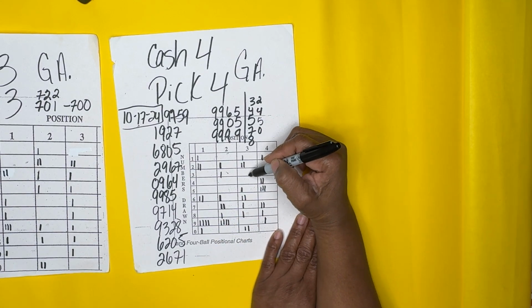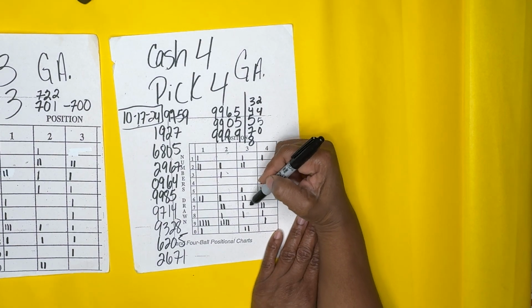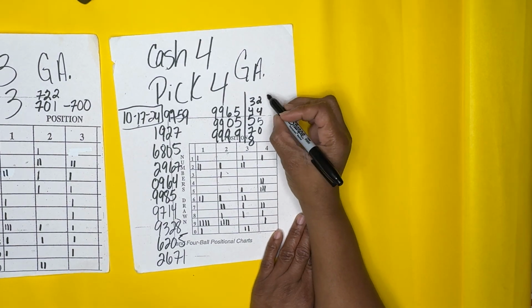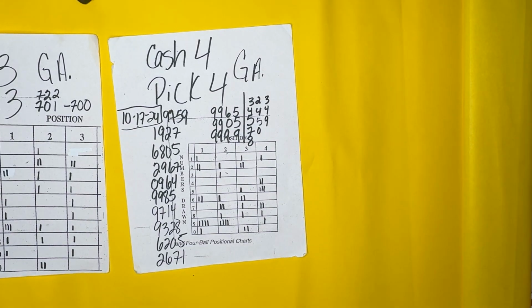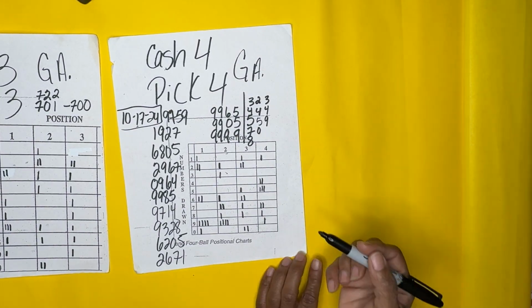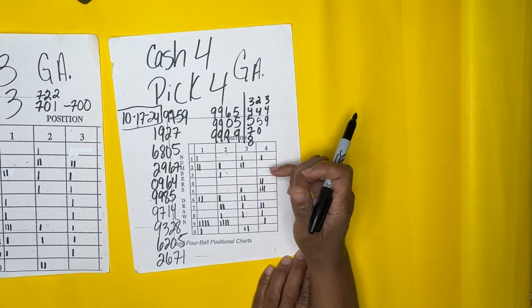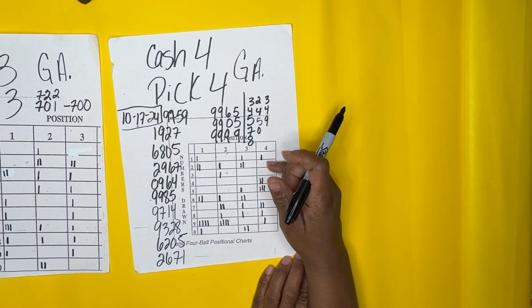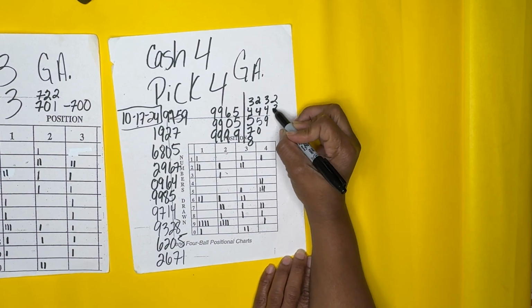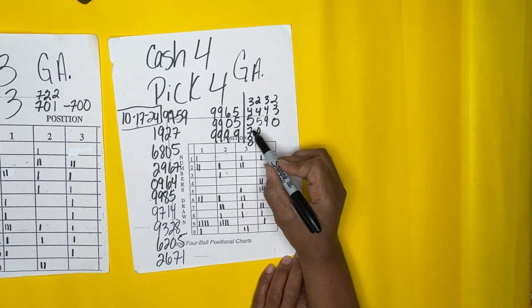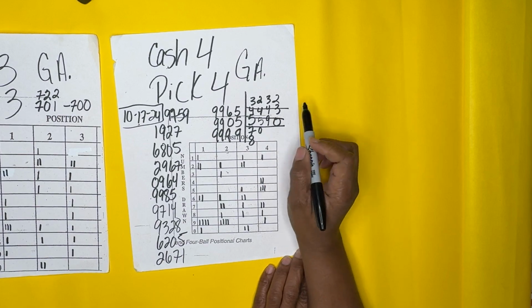The 3rd row, we have 3, 4, and 9. Sometimes the pick 3 comes out of these two, you guys. Also, in the 4th position, we have 2, 3, and 0. As you see, these are the only ones up here with 4 numbers.